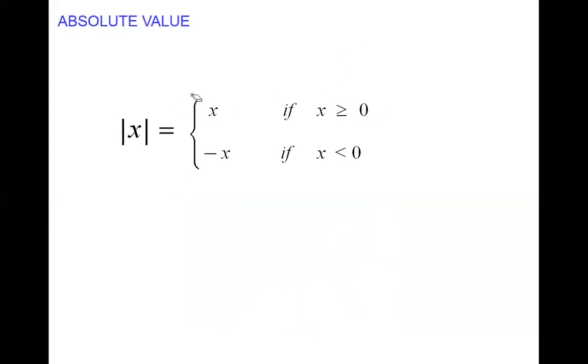Absolute value of a positive number is just the same number. Let's say absolute value of 5, I can simply ignore the absolute value. Now, if the quantity inside is negative, let's say -5, I can't just copy the same number. And that means, please remember, we can't simply ignore the absolute value.